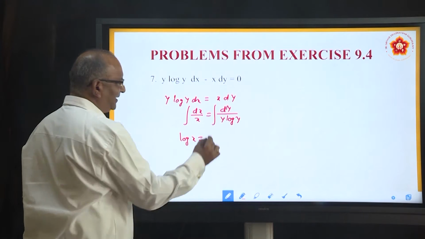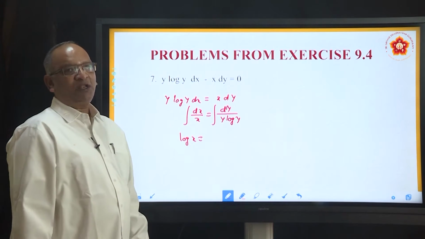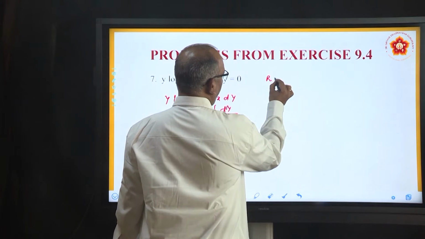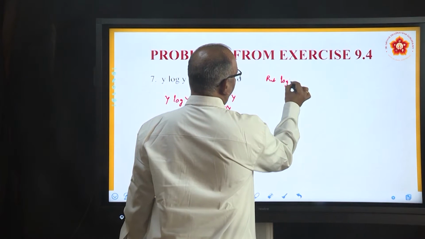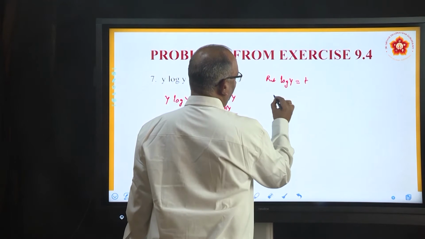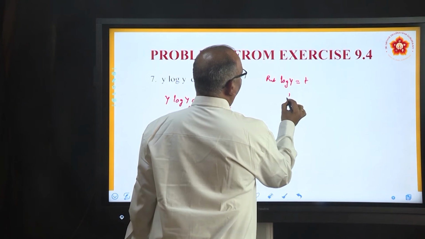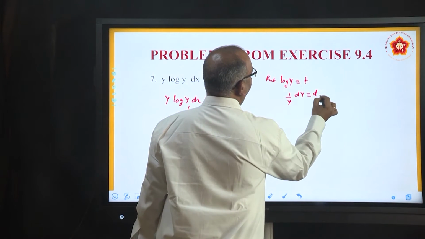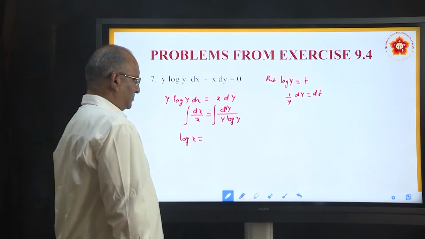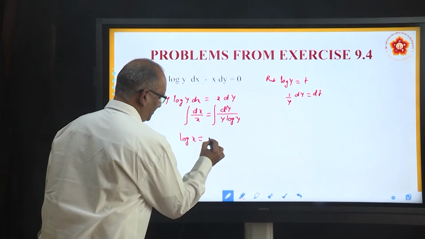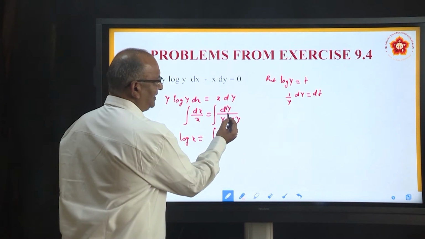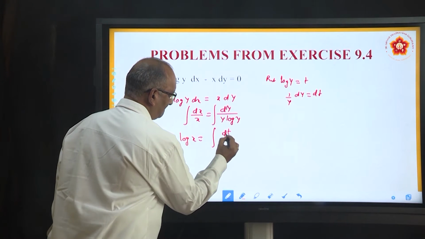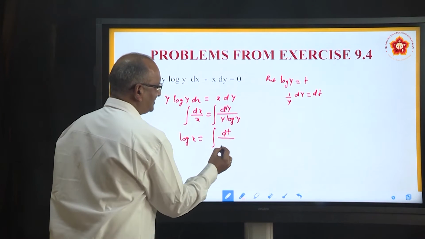Now, to integrate this, we make a small substitution. What is the substitution we make? We say put log y equal to t. Differentiate both sides, you get 1 by y dy equal to dt. So, this integral of dy by y log y became dt by t.